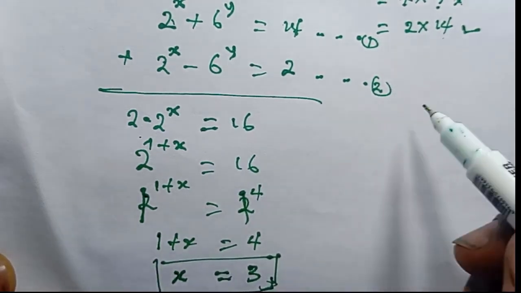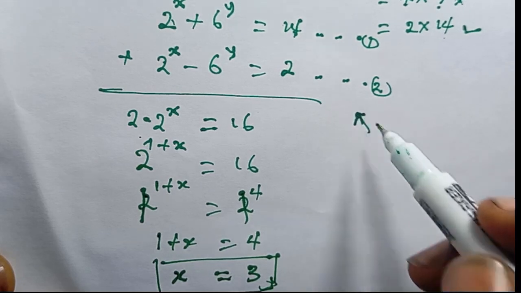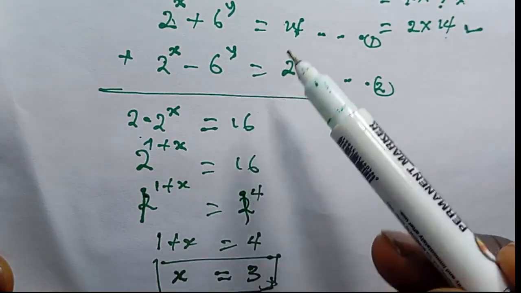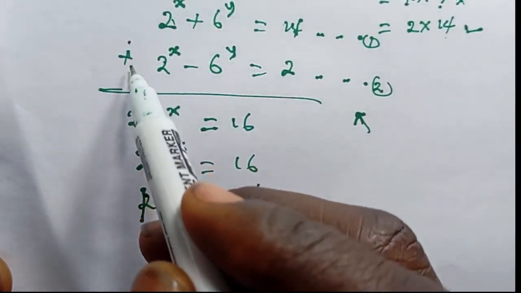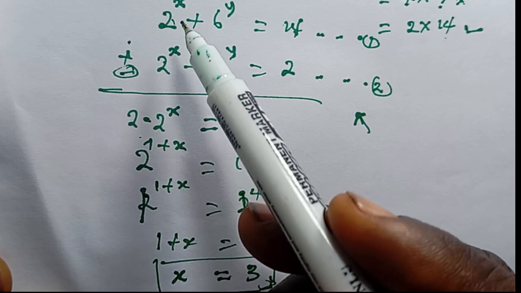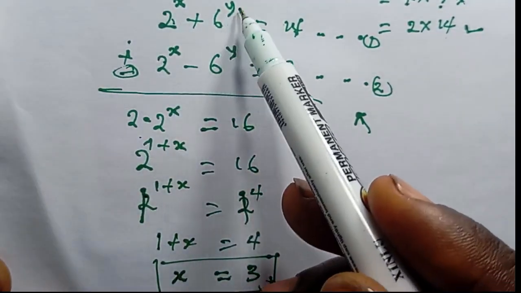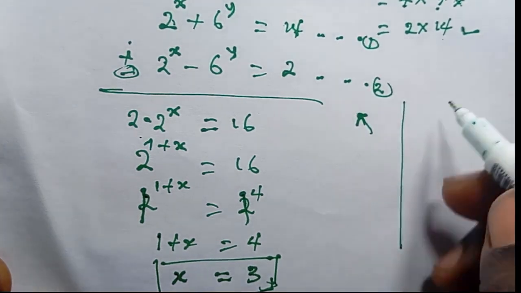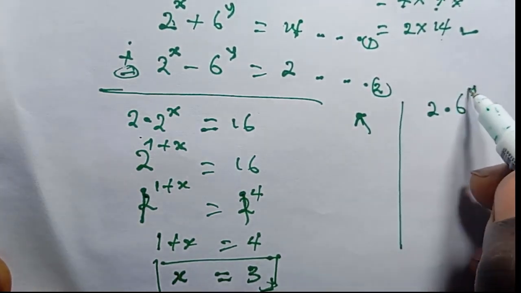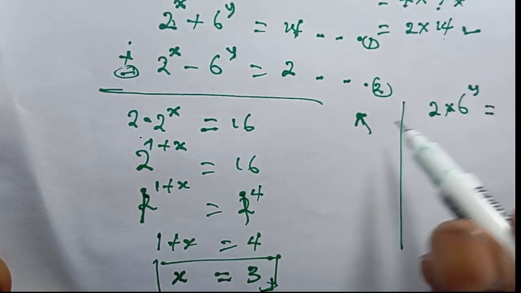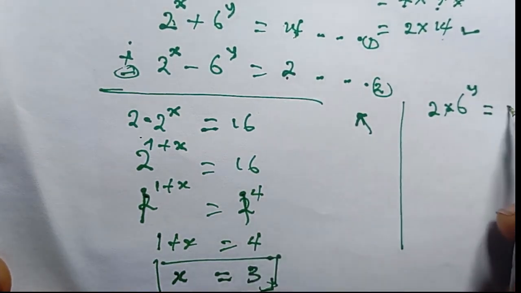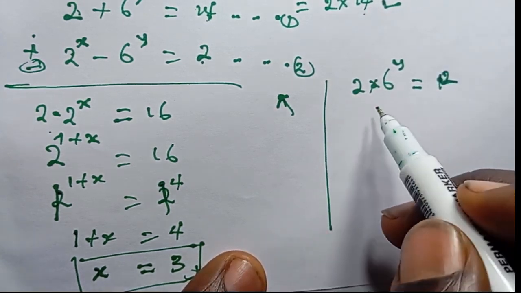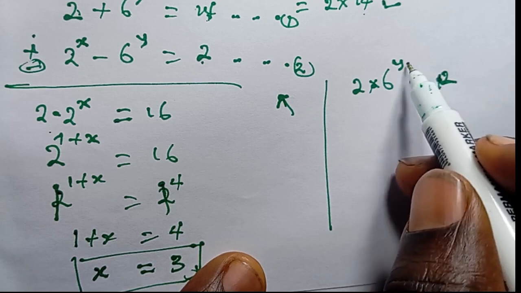Coming back to this point right here, for us to get the value of y, we are going to subtract equation 2 from equation 1. So in place of plus here we'll put minus. This minus this is 0, and 6 power y minus minus 6 power y will give us 2 multiplied by 6 power y. That will be equal to 14 minus 2, which is 12. So we have 2 times 6 power y is equal to 12.